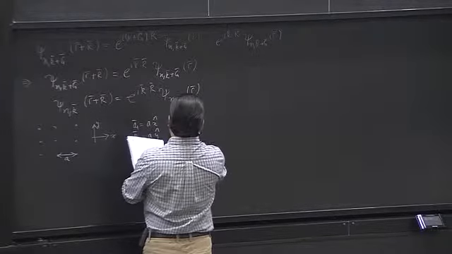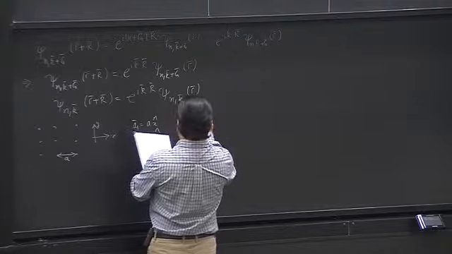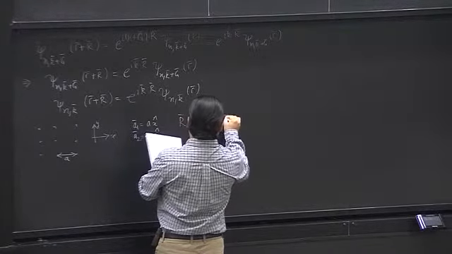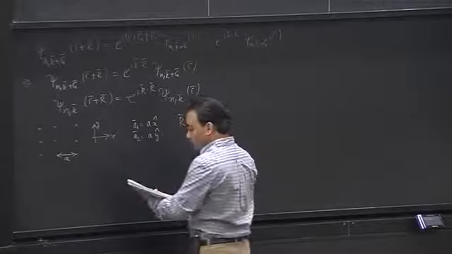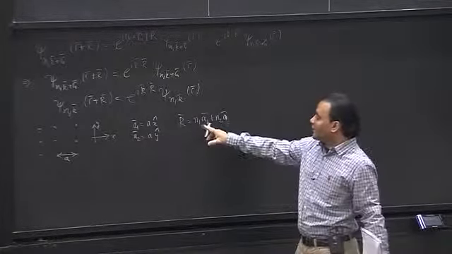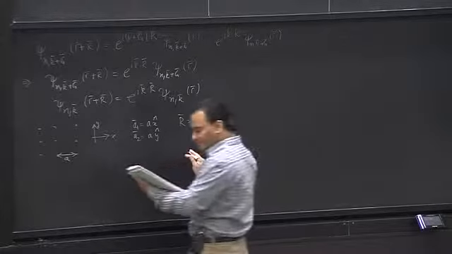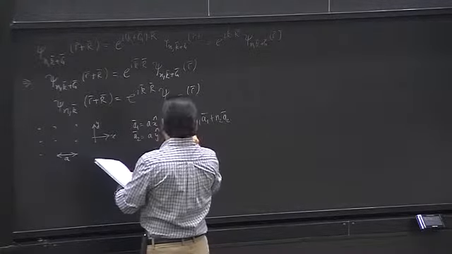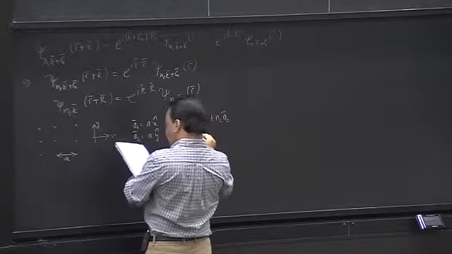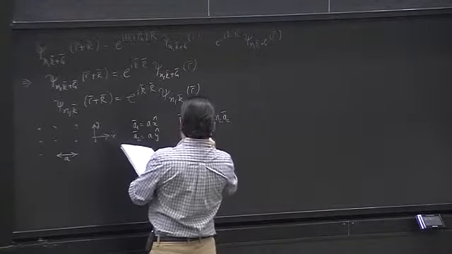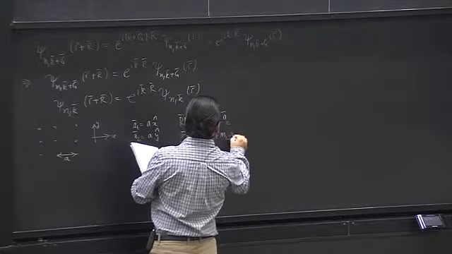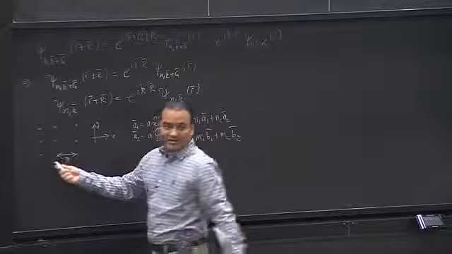That means the direct lattice vectors are n1 a1 plus n2 a2. Now I can find the reciprocal lattice vectors G as m1 b1 plus m2 b2. Now this is fairly simple.